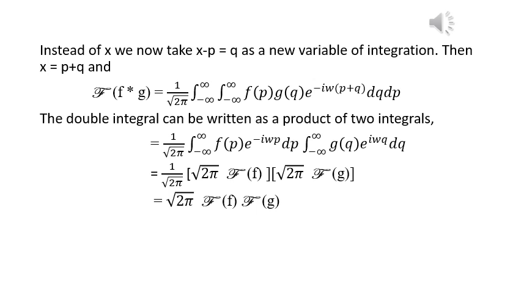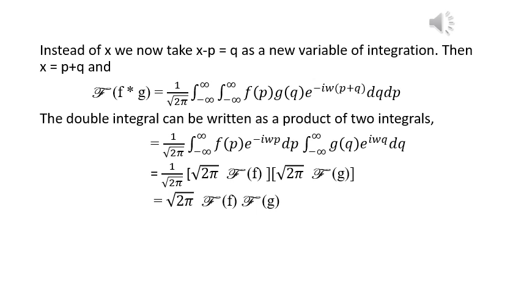Now instead of x, we can take x minus p is equal to q, which is a new variable. That is, x will become p plus q. Then the Fourier transform of f star g is equal to 1 by root 2 pi integral minus infinity to infinity integral minus infinity to infinity f of p g of q e raised to minus i omega into p plus q dq dp.